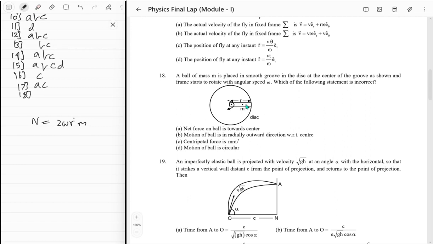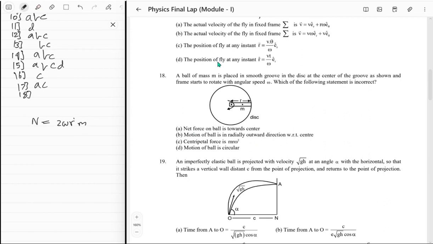So the net force on the ball is towards center. That's just wrong. Motion of the ball is in radially outward direction with respect to the center. It's not like that, because if we talk in this frame, then which frame are you talking about? There are two frames for the center.